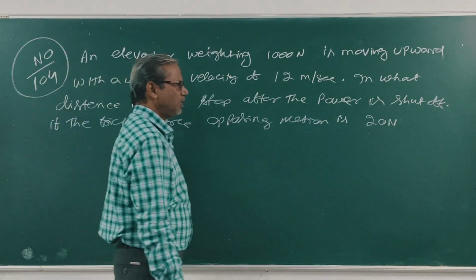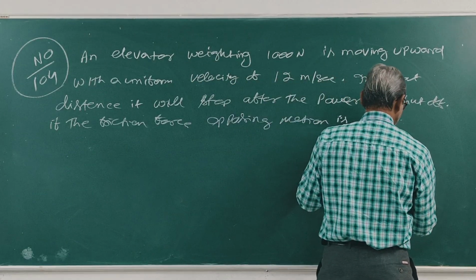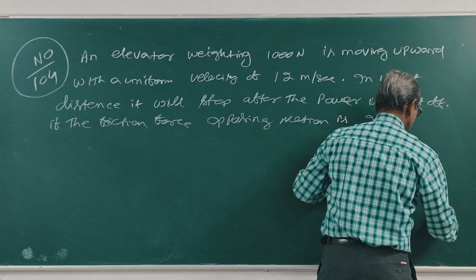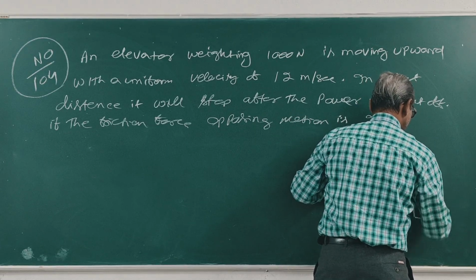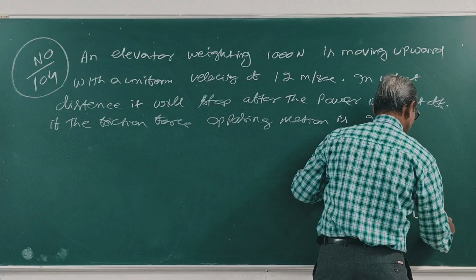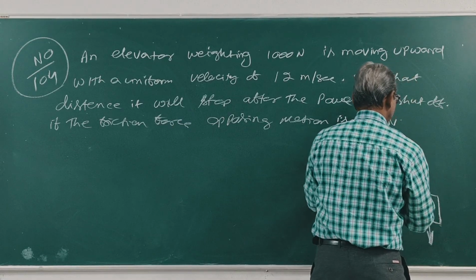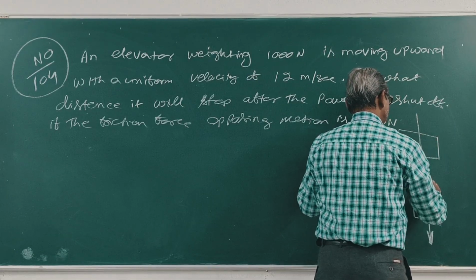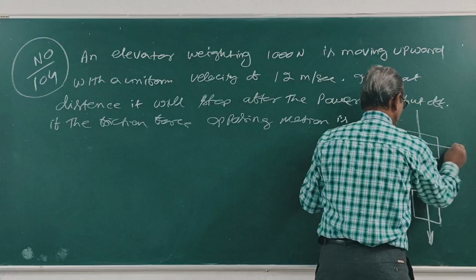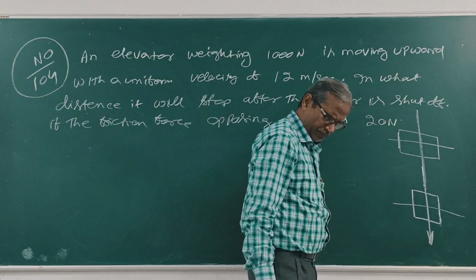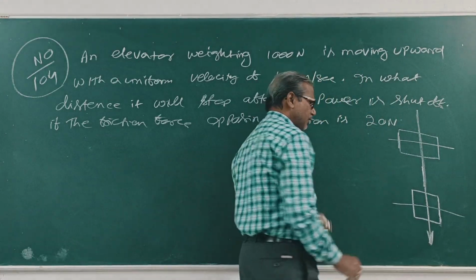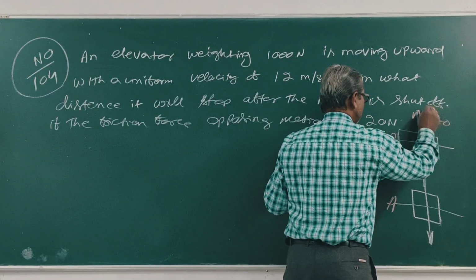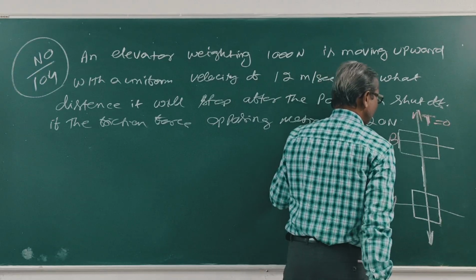Clear? So this elevator has weight W. The elevator moves from A to B. At A, after power shut off, the tension T is equal to 0.